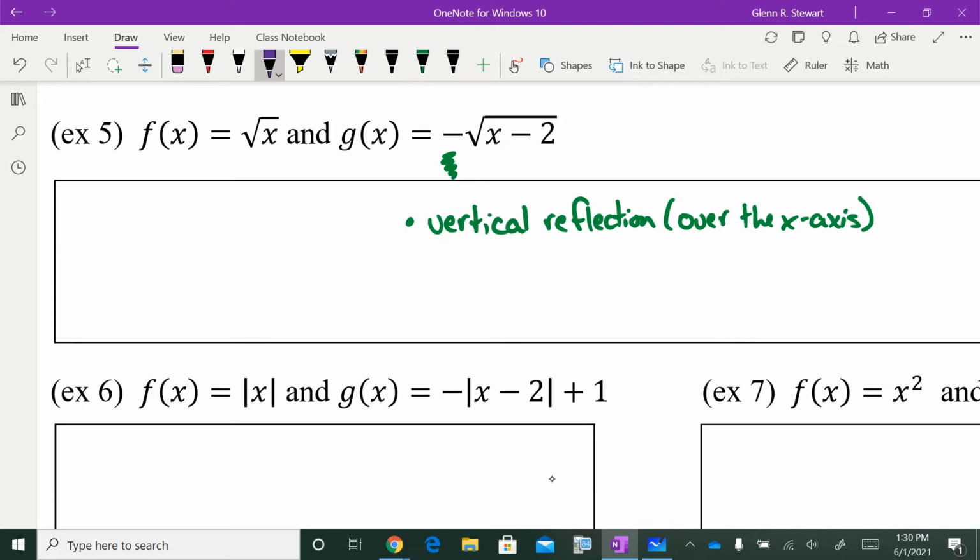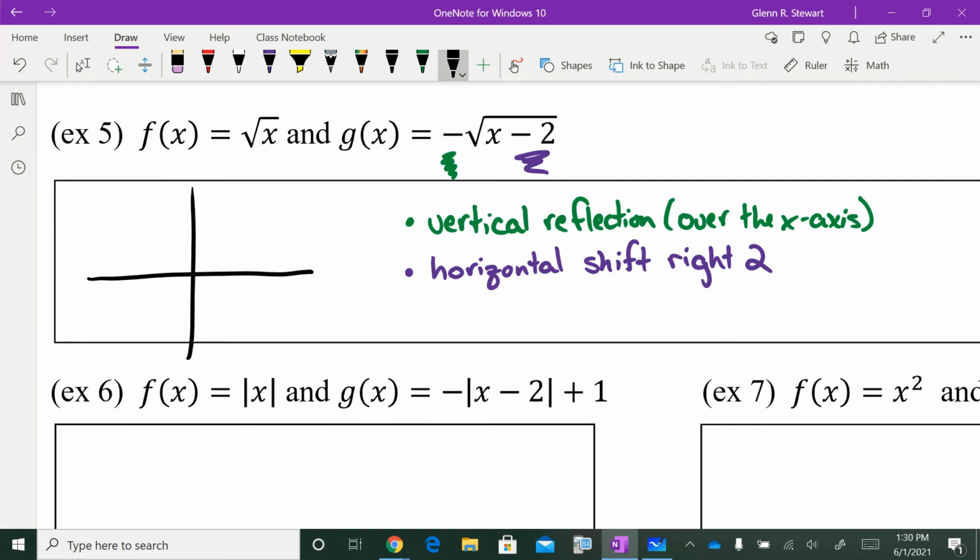And then we've also got the 2 on the inside. That means it's horizontal. So it's a horizontal shift right 2.